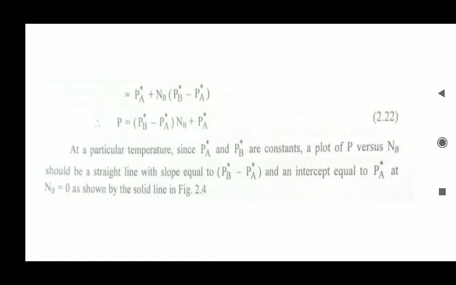Or this equation can also be written as P is equal to (PB star minus PA star) Nb plus PA star. At a particular temperature, PA star and PB star are constant and a plot of P versus Nb should be a straight line with slope equal to PB star minus PA star and the intercept equal to PA star at Nb equal to 0.